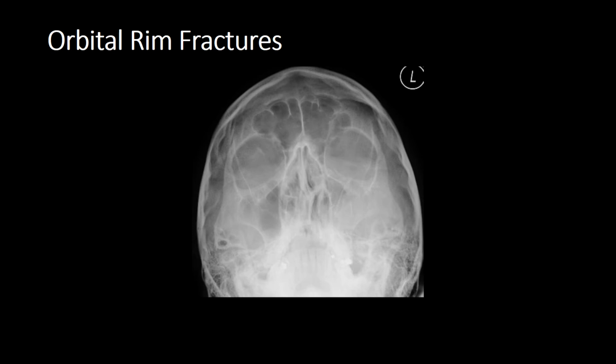Very, very important. So we don't have a fracture of the zygomatic arch or the body. We have sustained a fracture to the left infraorbital margin, but we don't have evidence of a teardrop sign.